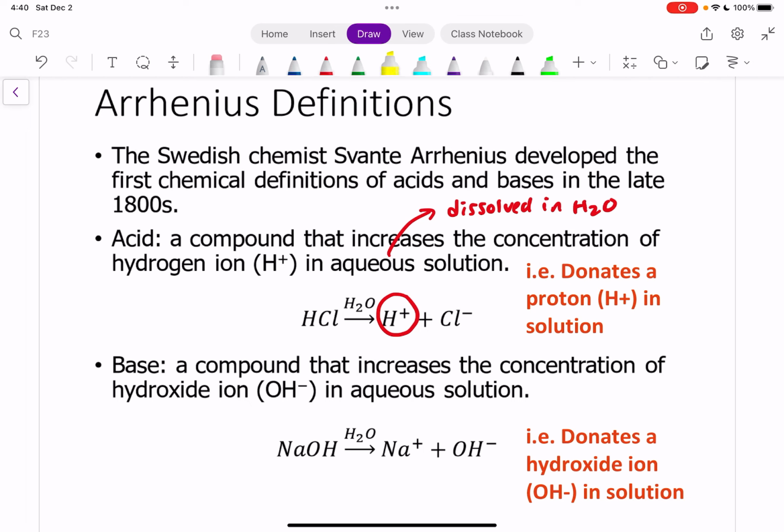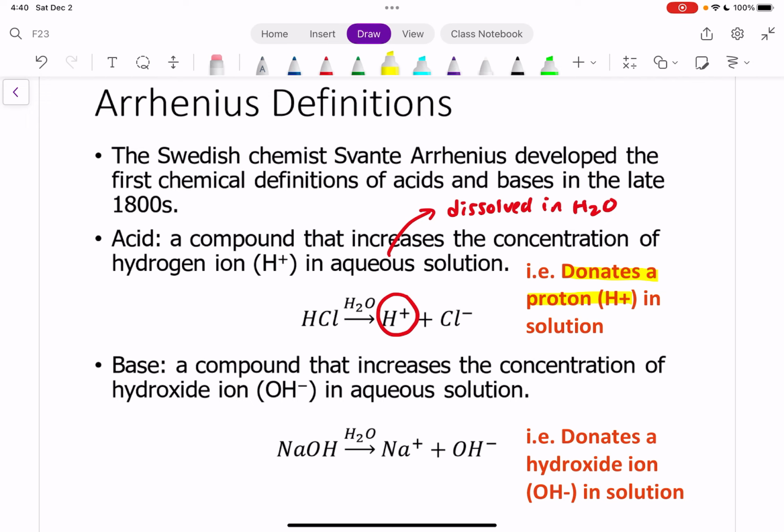Another way you could think of this, in a quicker definition, and the way I like to think about it, is that an acid is something that donates a proton in solution. Donates a proton, H+. Now, why do I say proton when I talk about H+? Well, remember that hydrogen is number 1 on the periodic table, atomic number 1, which means it has 1 proton and 1 electron, right?